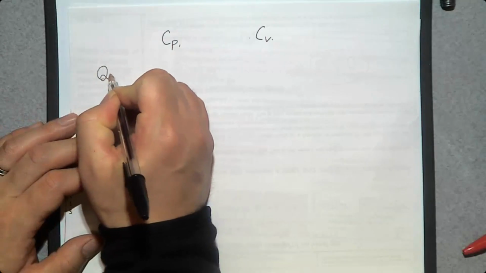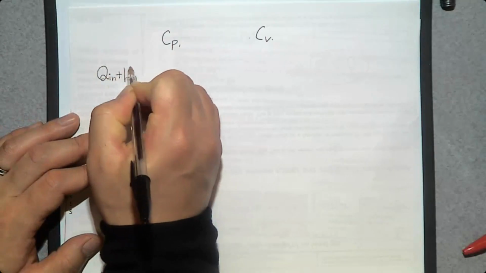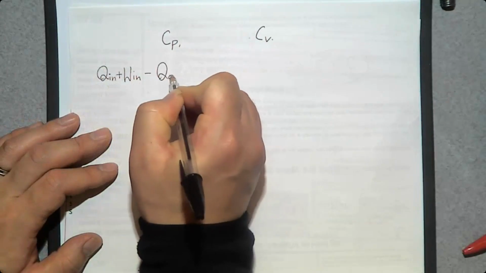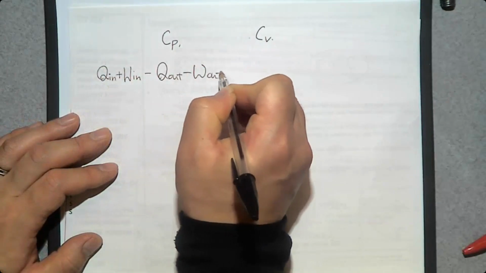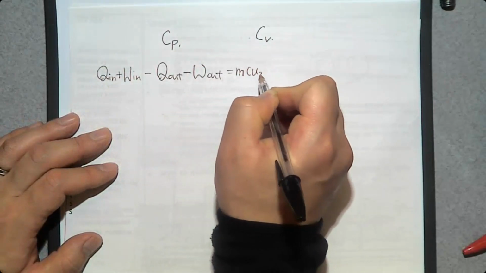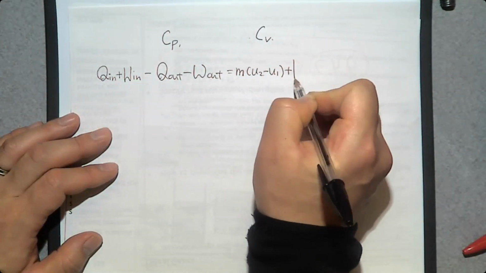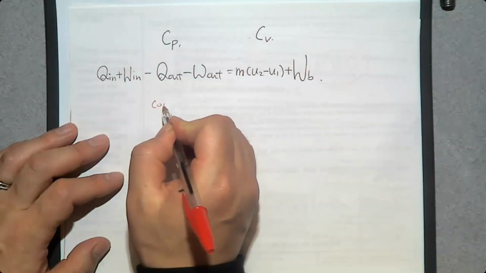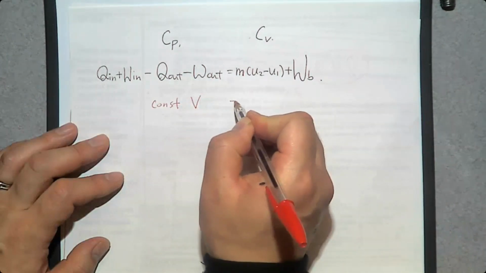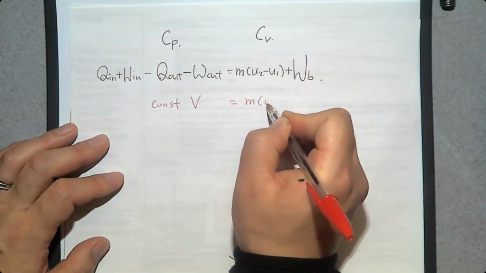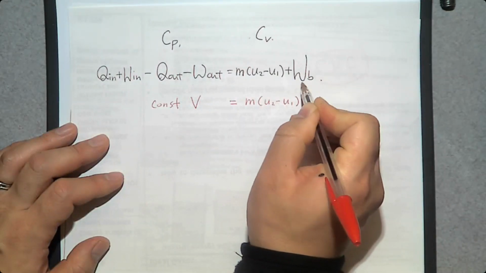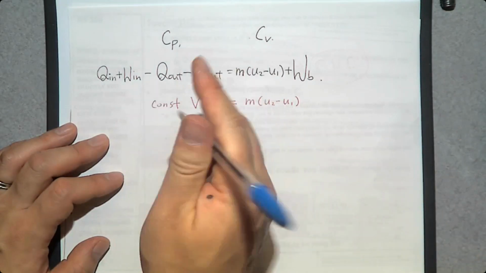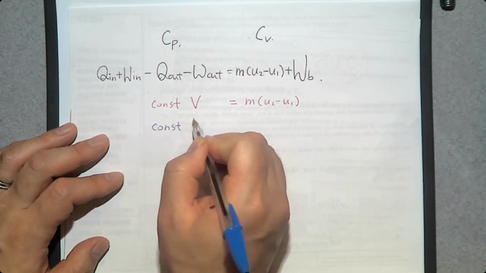Let's talk about that. What is the energy balance equation? The general energy balance equation for closed system is Q in plus W in minus Q out minus W out is mass times U2 minus U1 plus moving boundary work. What about if we have a constant volume process? The right-hand side becomes mass times U2 minus U1 without moving boundary work. What about if you have a constant pressure process?